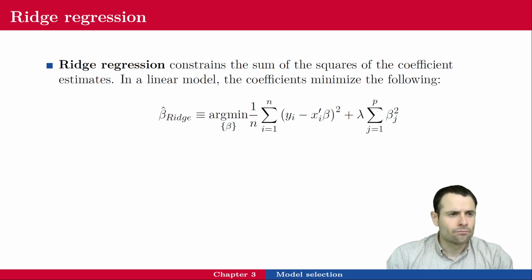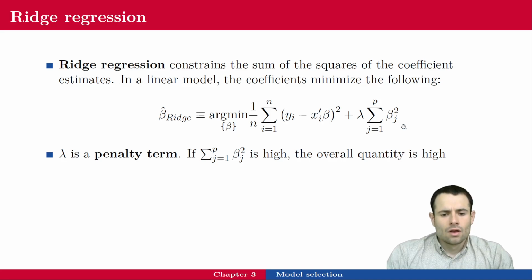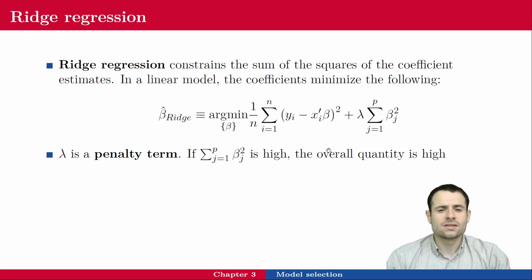A penalty parameter. The penalty term is this whole thing. And it will tell whether the constraint is going to have a big impact on your problem or not. Imagine that lambda is exactly equal to 0. Well, if it's equal to 0, this constraint here has no impact on your minimization problem, and you're back to the OLS estimator.